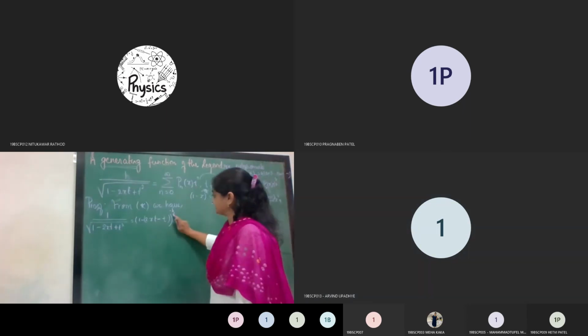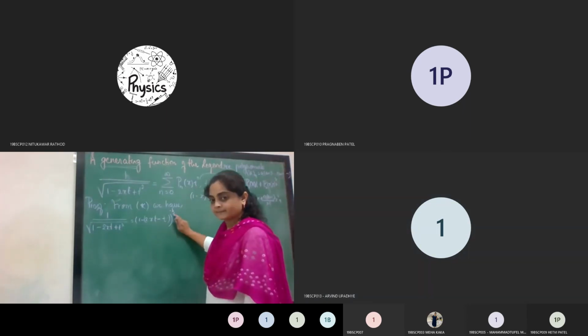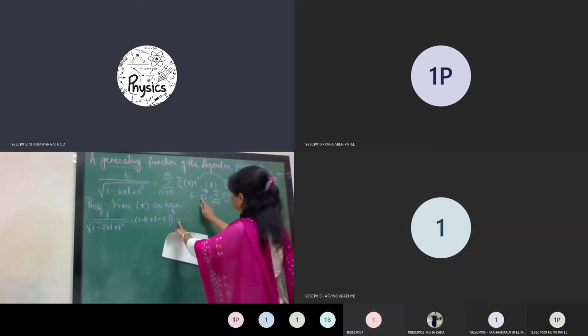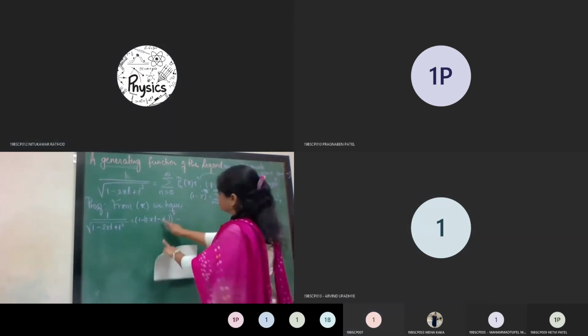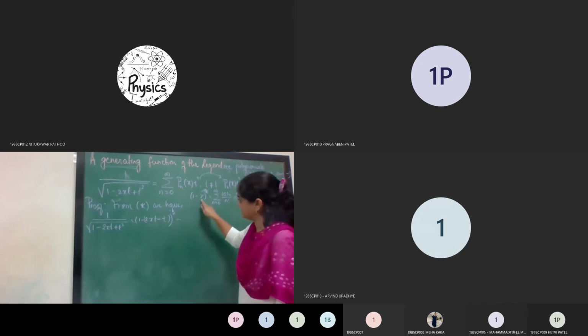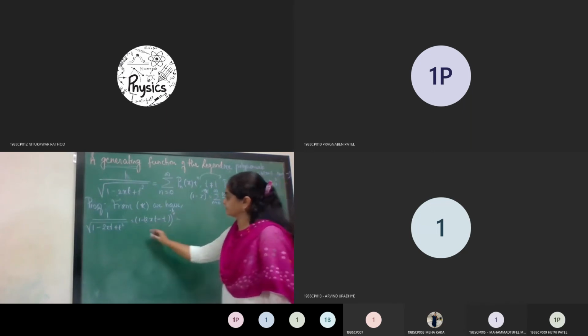So what is a in this case? Now compare this with this one. Z is 2xt minus t square in this case, and a is 1 by 2.